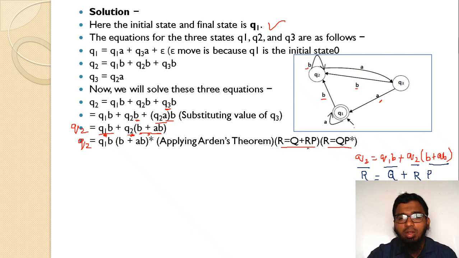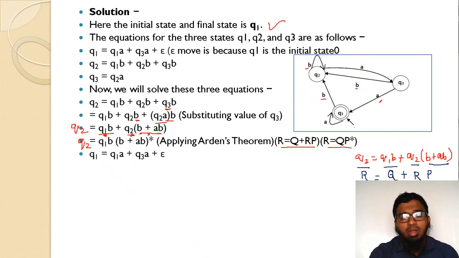So the same thing we have written here: R, that is Q2, is equal to Q, which is Q1B, as it is, and then QP star. What is P here? B plus AB, B plus AB whole star, meaning closure. I hope you understand this.